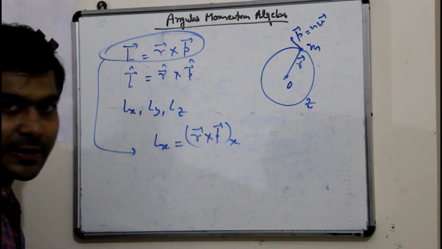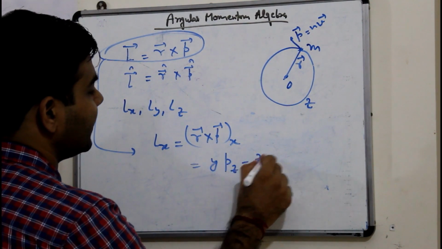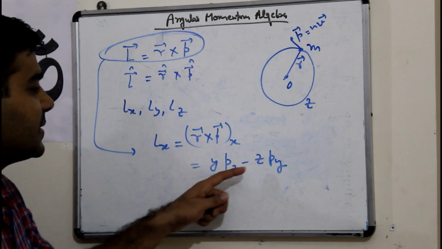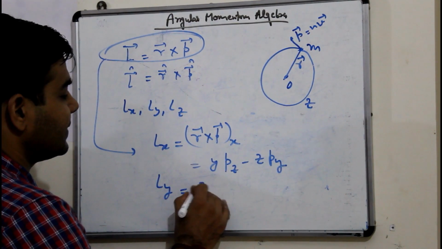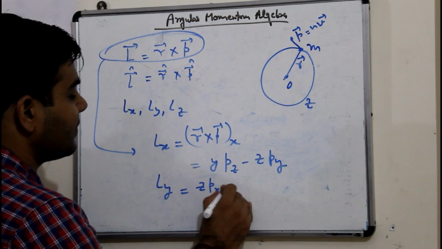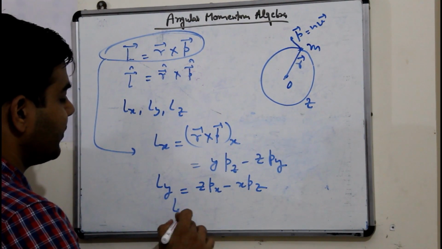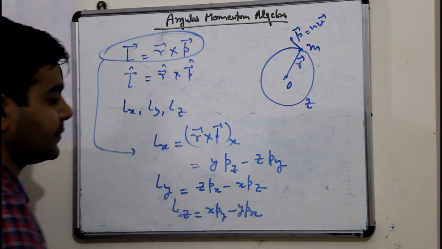If we remember our vector product, this will be nothing but y pz minus z py. It's cyclic in nature. Similarly, Ly will be z px minus x pz. Similarly, Lz would be x py minus y px.